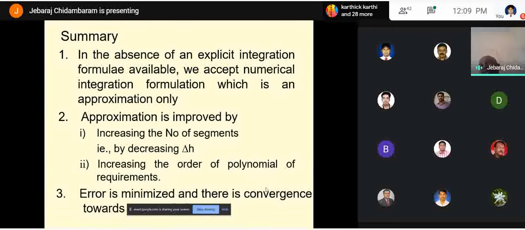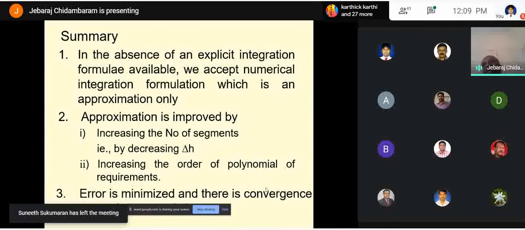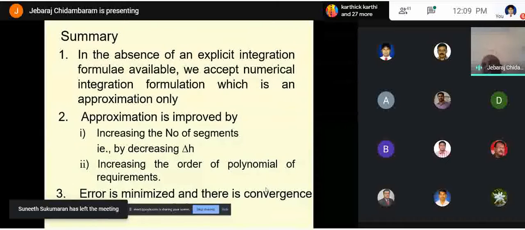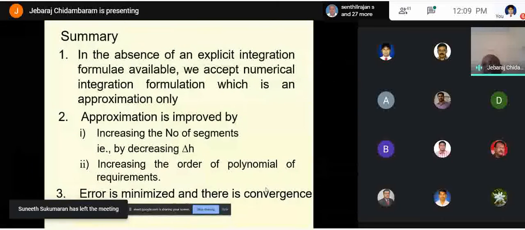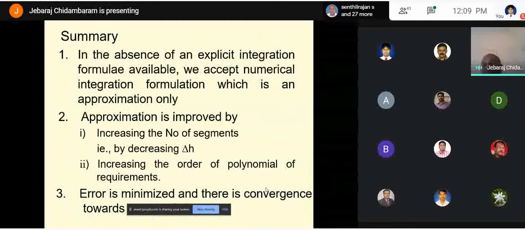What I mean by that: I divide it into 100 elements, it gives me an approximate solution. I divide it into 200 elements, it still gives an approximate solution, but a better approximation. I divide into 1,000 elements, it still gives an approximation, but a very good one. Increase the number of elements or increase the order of the elements.